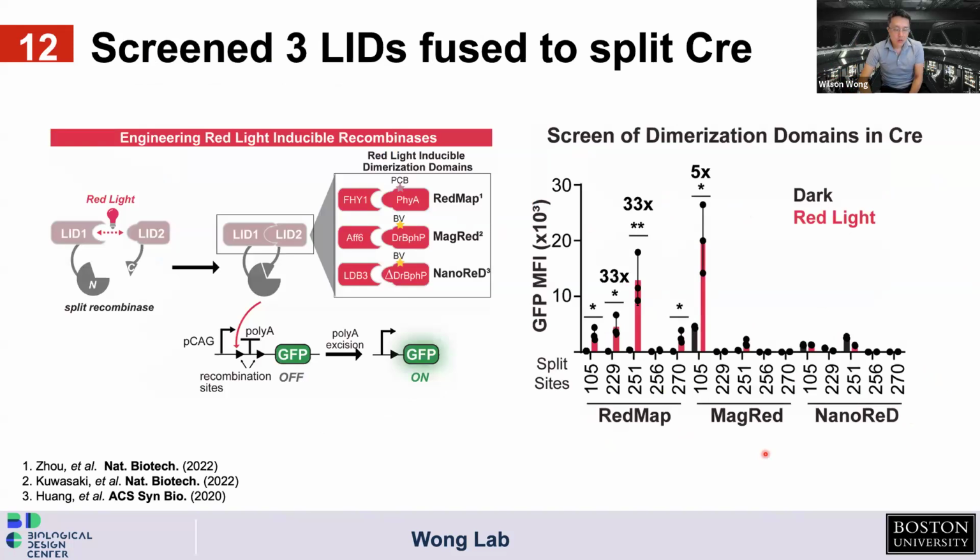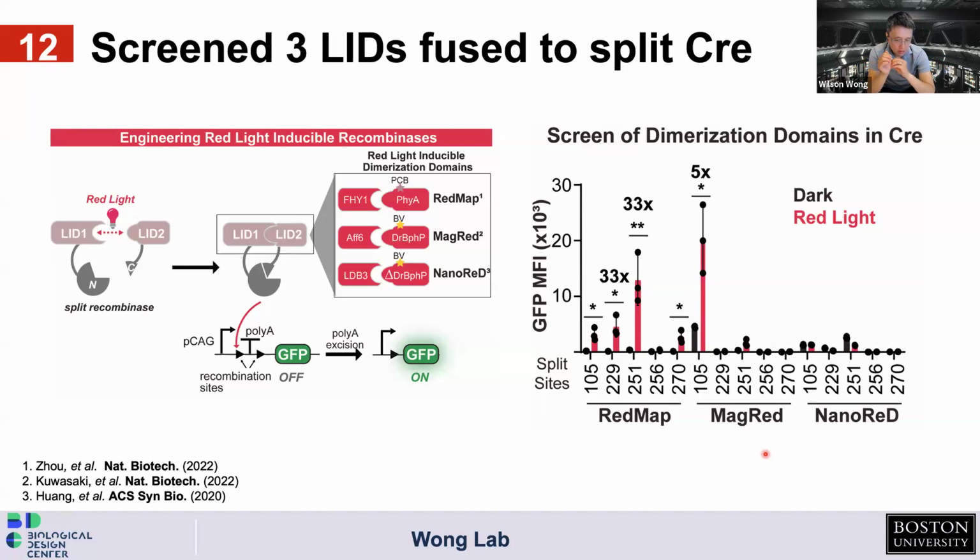As you've seen, we had a blue light inducible Cre earlier, and we asked, with just one light source, it's harder for us to have finer control and to control different gene expression in different cells, or to control different genes in the same cell but at different times, depending on the light that we shine at it.